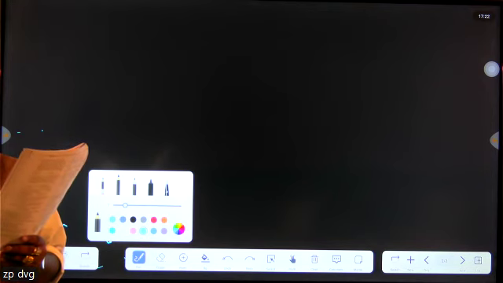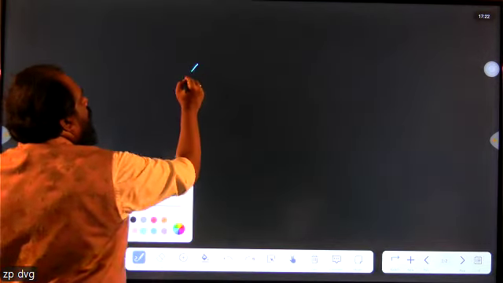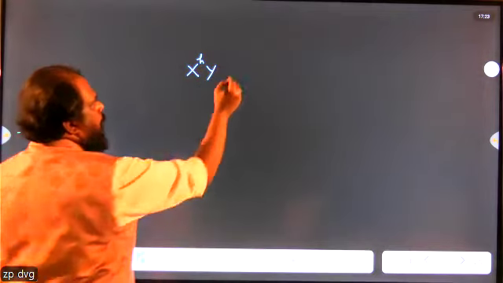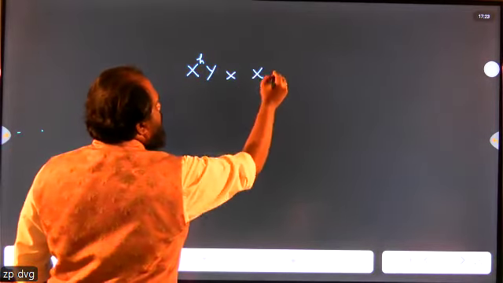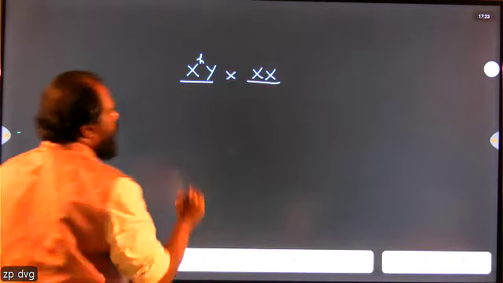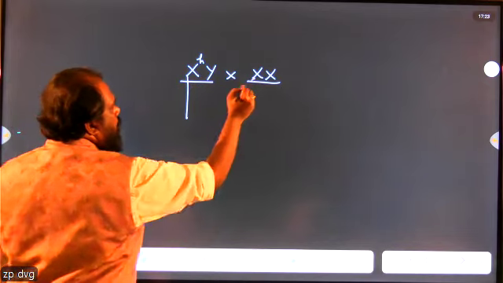Question number 26. The gene for hemophilia is located on the X chromosome. Hence, it is normally impossible for, okay, imagine a father is having the hemophilic gene and the mother is normal. So father is hemophilic, mother is normal. Now what happens to the cross? Now listen carefully.